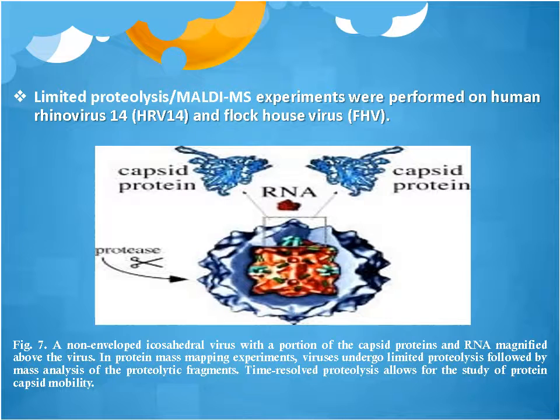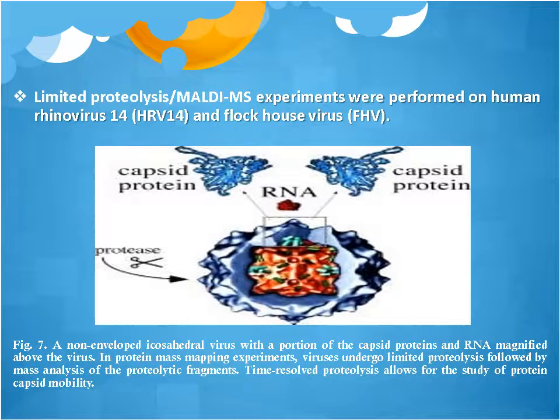This HRV14 virion consists of an icosahedral protein shell or viral capsid surrounding an RNA core. The capsid is composed of 60 copies, each of 4 structural proteins, that is VP1 to VP4. Based on crystal structure data, VP1, VP2 and VP3 compose the viral surface, while VP4 lies interior at the capsid or RNA interface.